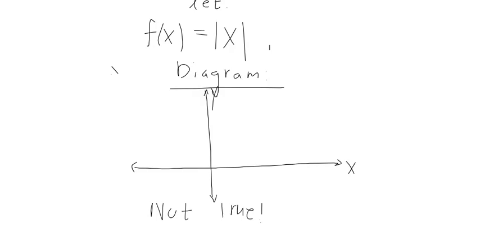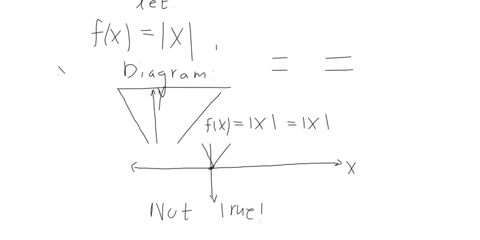I know that the absolute value of x looks like this. This is f of x equals the absolute value of x. And the reason why it looks like this is because it's an absolute value function.